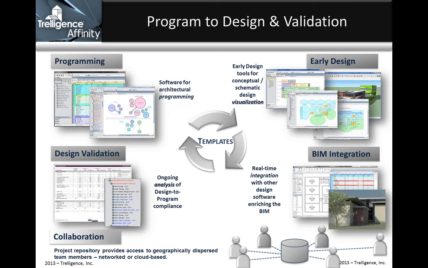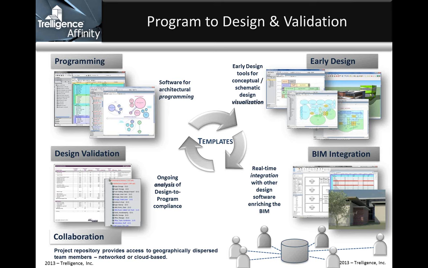Affinity has different models within it. There's a programming aspect where we can pull in as much program information as we need for our projects. The program actually has a hierarchy, so there are departments, sub-departments, and then sub-sub-departments. However we create our program, that's the way it's viewed within Affinity.